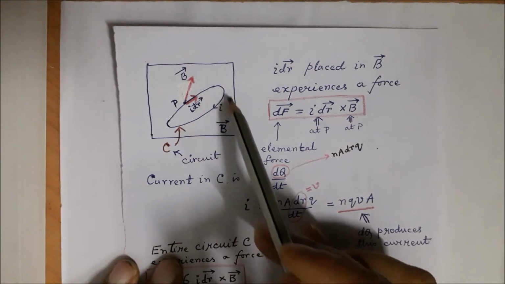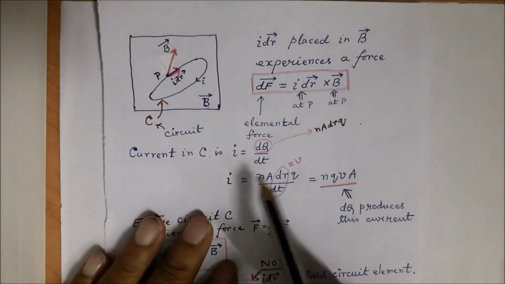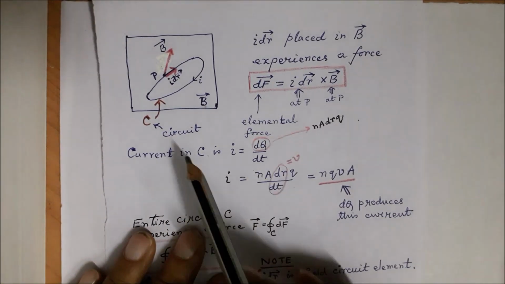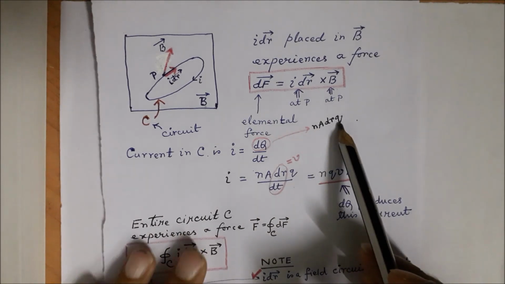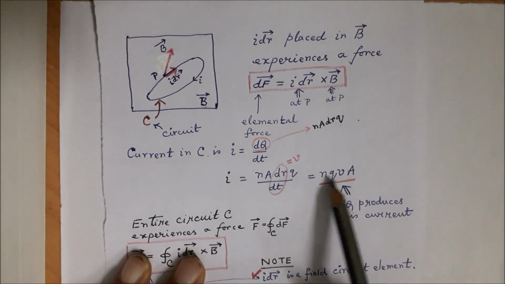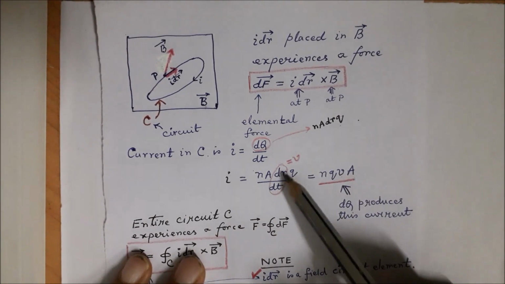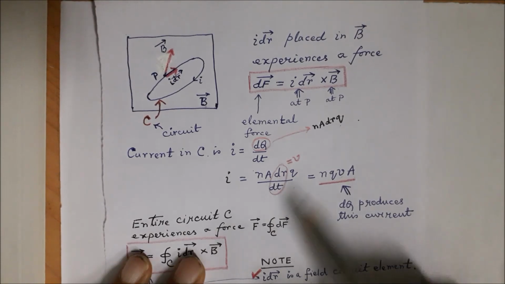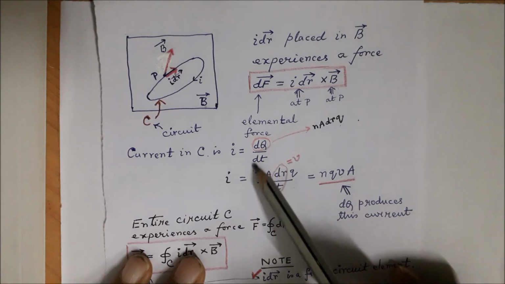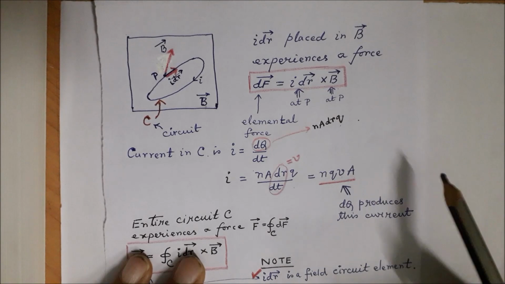Now what is the current flowing through this circuit? The amount of current is I equal to dq/dt, and the value of dq we derived to be n A dr q, and therefore put it here to get the value of current as n q v A. v here comes from this ratio dr/dt. dr is in dq, which flows in time dt, so dq/dt gives rise to dr/dt, that is a velocity.